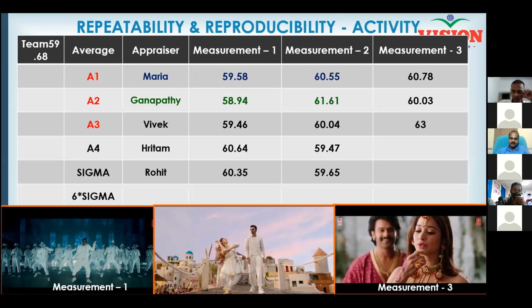Not 60. Ganapati 63.03. And Vivek, sir, 61.24. Then Ritam, 60.21, sir. Then Rohit, 3.33, sir.